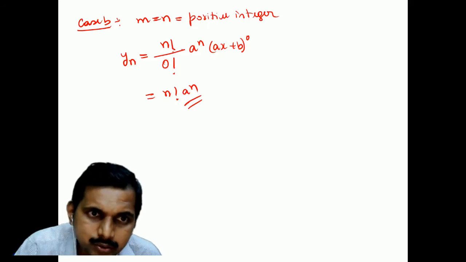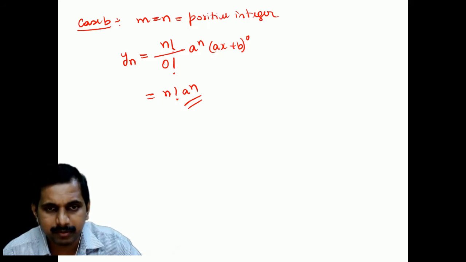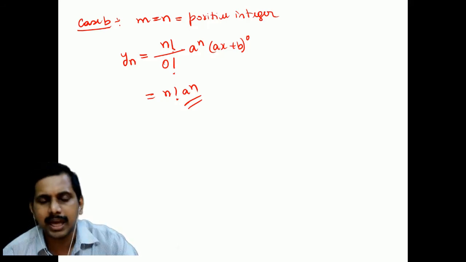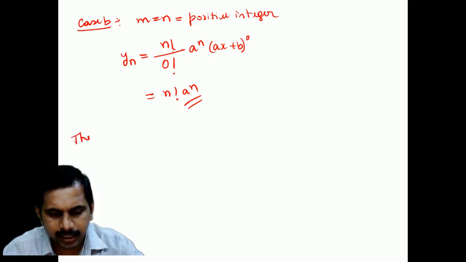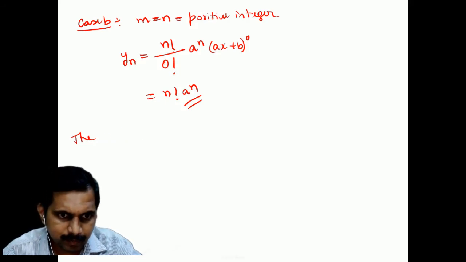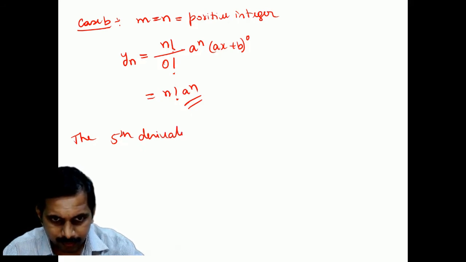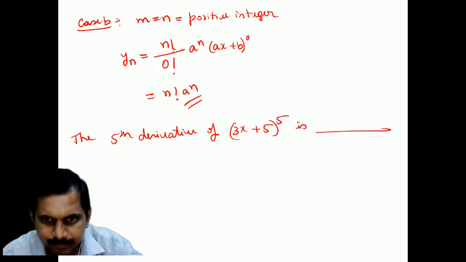For example, let us do an example here. This kind of questions have come in some of the competitive exams, maybe in GATE also. So here the question is like this: the fifth derivative of 3x plus 5 raised to 5 is what?